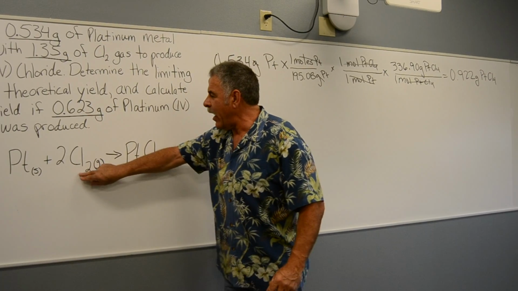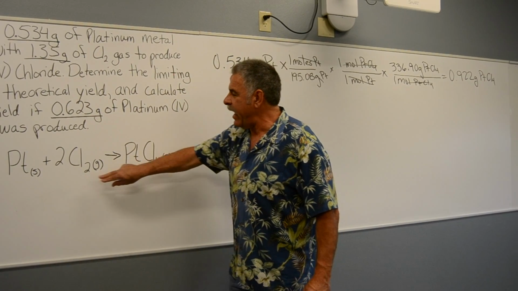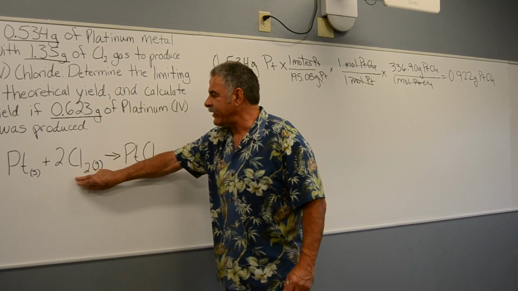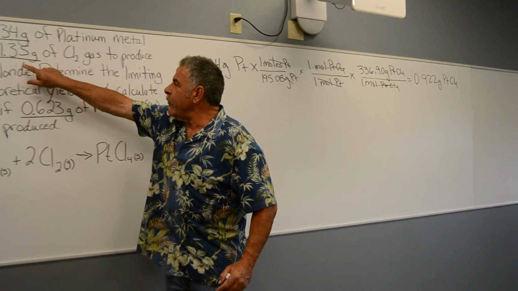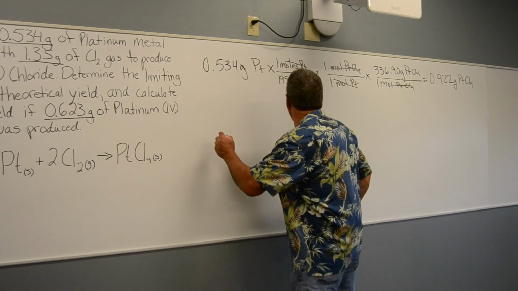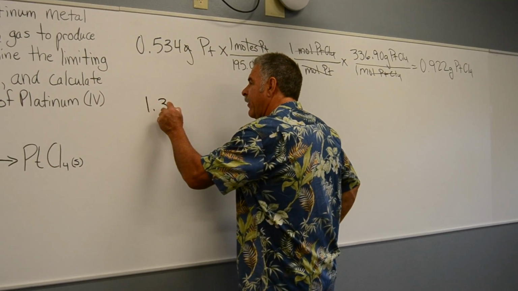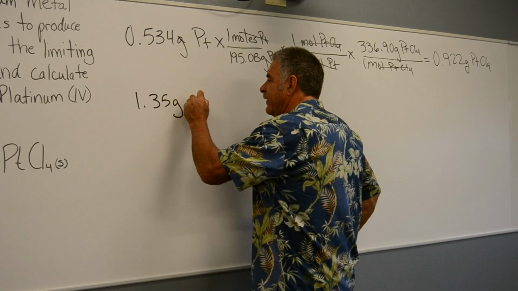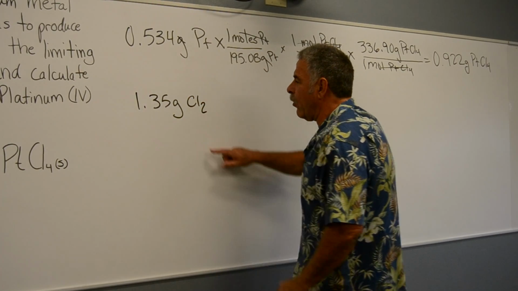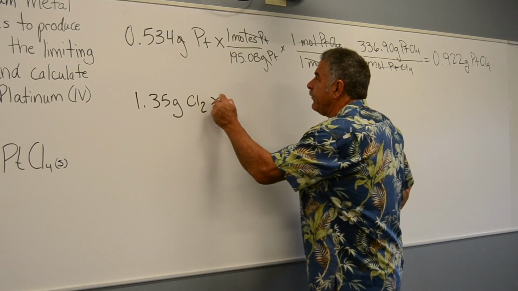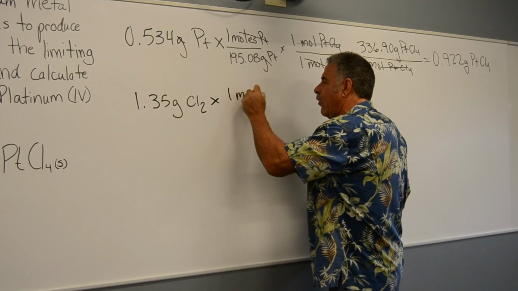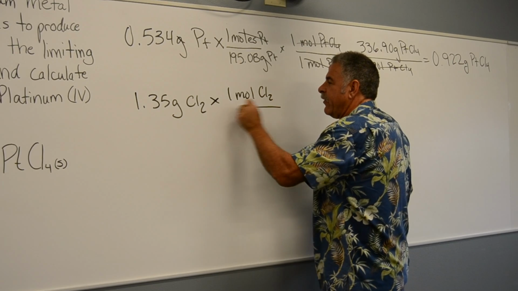Now we're going to determine how much platinum 4 chloride we can make from the second reactant, chlorine. So when we start with that, we take our number that we're given, 1.35 grams of chlorine. And remember, chlorine's a diatomic gas, which means when we do the molar conversion, which we're going to do right now, 1 mole of chlorine, it's this number.